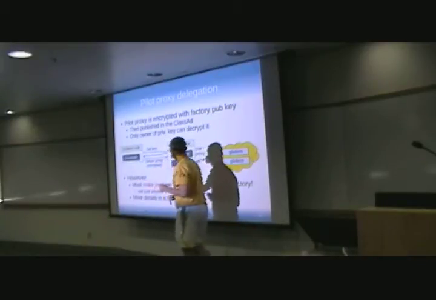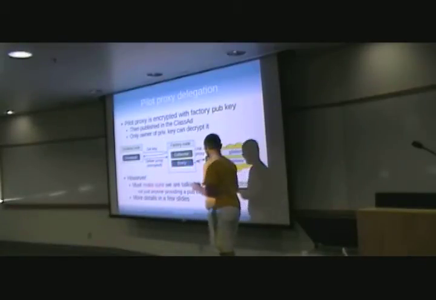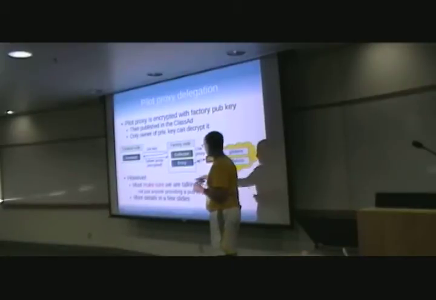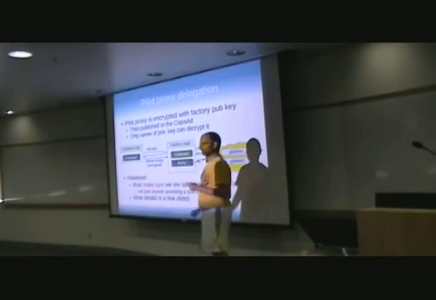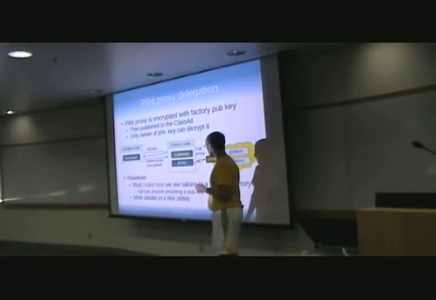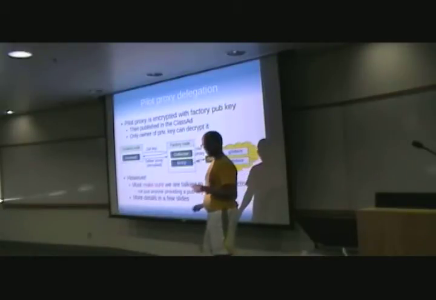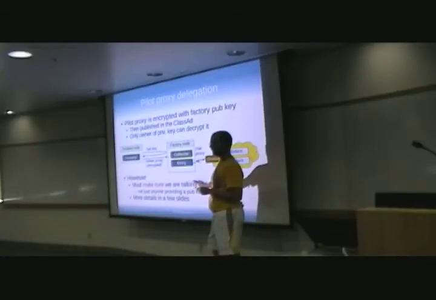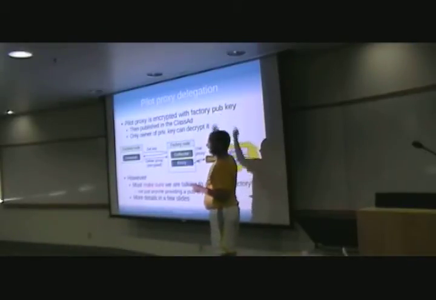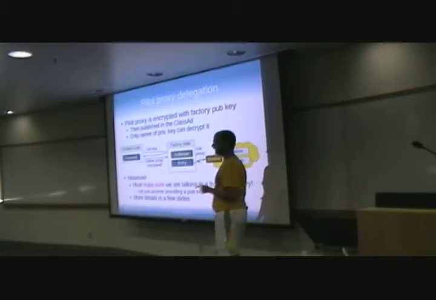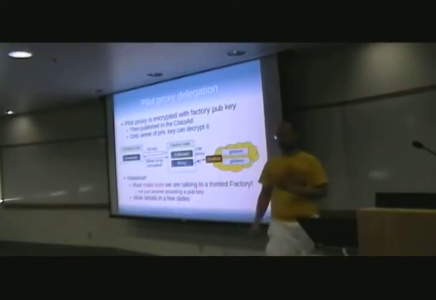So you must make sure that what you are talking to is really a trusted factory, and not just anybody that can publish information to the collector. In a few slides, I'll tell you exactly how it is, but right now, I want to drive home the idea that, yes, encryption by itself is not enough if you don't trust the public key you are actually encrypting the information with.